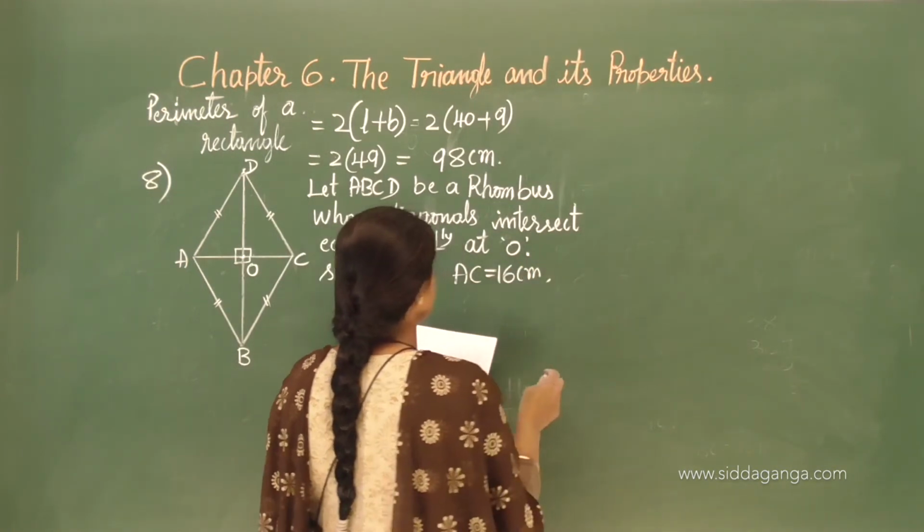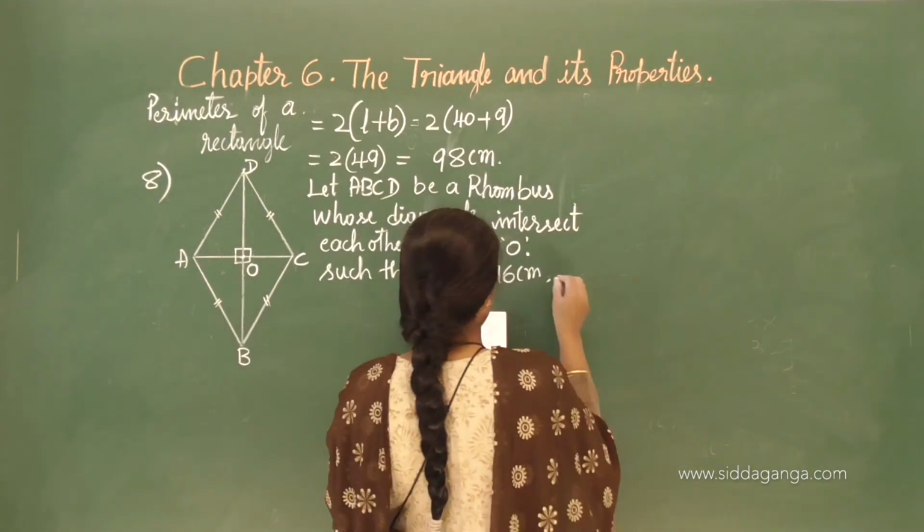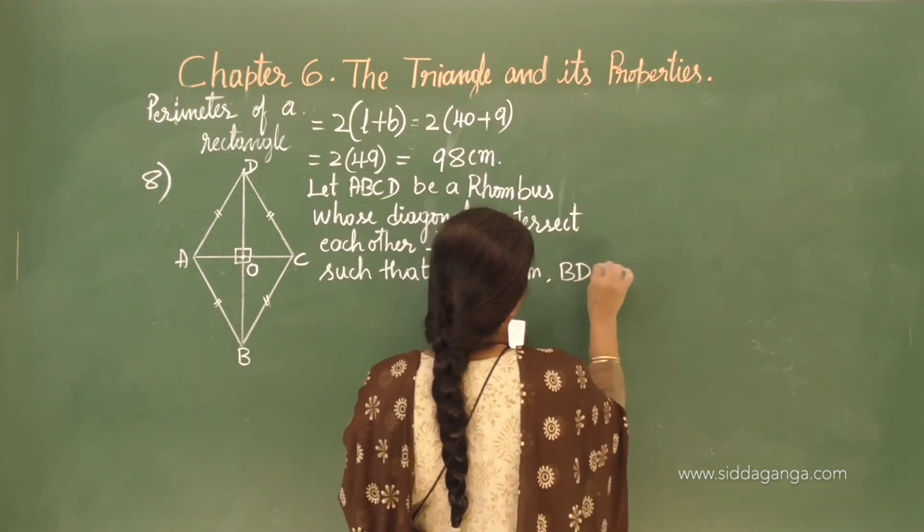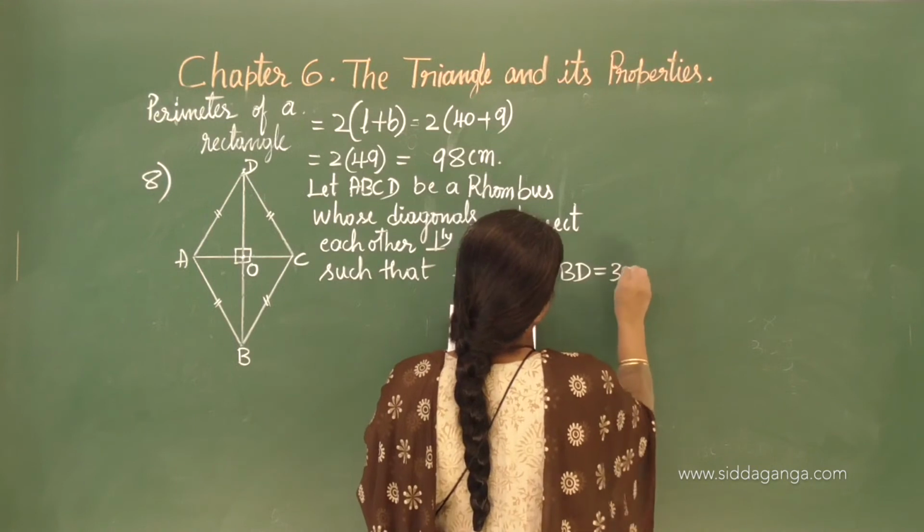Given is AC is equal to 16 centimeter and BD is equal to 30 centimeter.